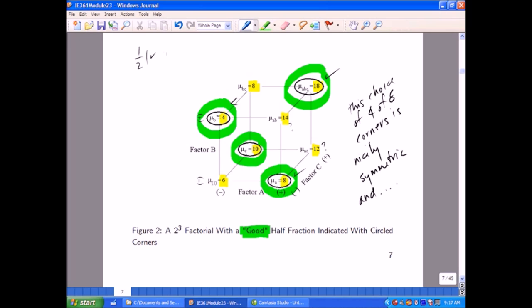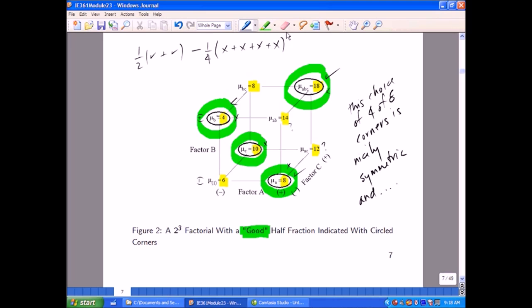So I might take half of check mark plus check mark, and then subtract the average of those 2 guys and those 2 guys. So I might subtract a fourth of the corners that I do have.